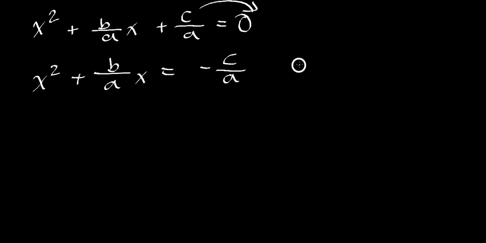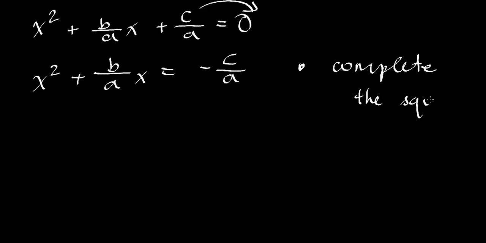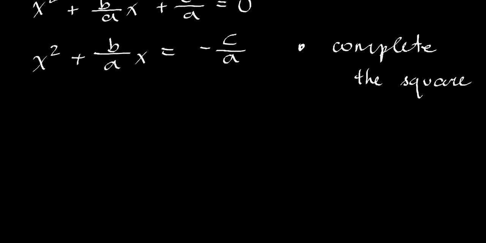Now is the time where I will do something that you should be familiar with. I'm going to complete the square. If you're not familiar with it, which is perfectly fine, you can watch my other video on how to do this. Anyway, the goal of completing the square is finding this last value.